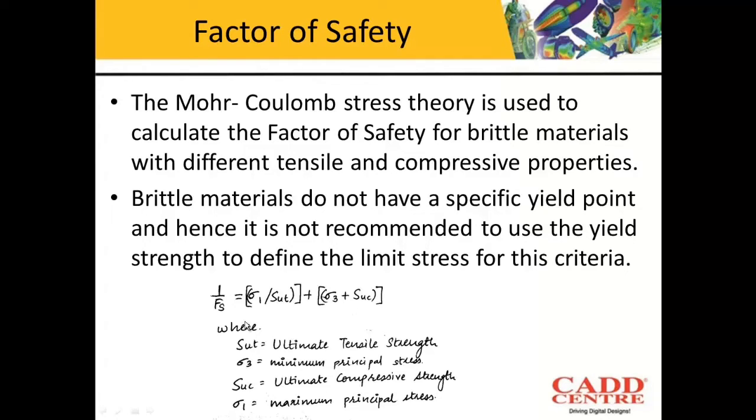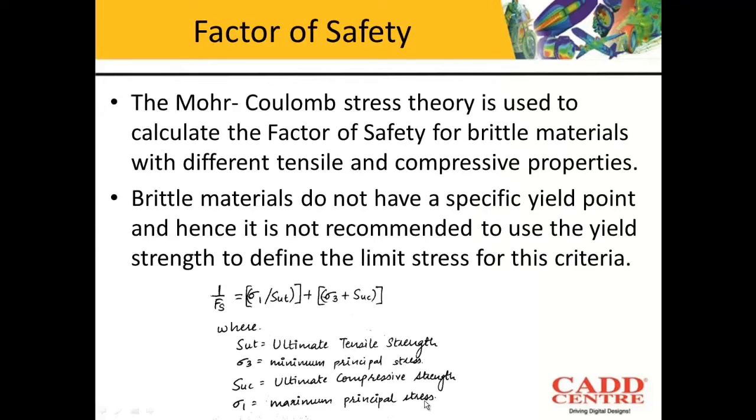So the formula is such that 1 upon factor of safety, that is f of s, is equal to sigma 1 divided by SUT plus sigma 3 divided by SUC, where SUT is the ultimate tensile strength, sigma 3 is minimum principal stress, SUC is ultimate compressive strength, and sigma 1 is maximum principal stress.